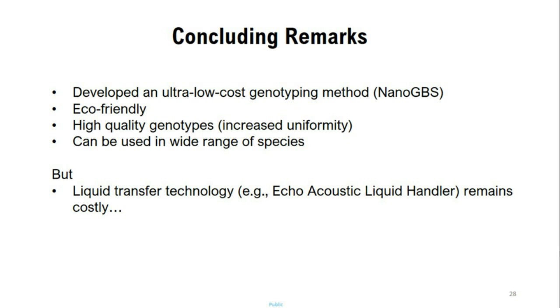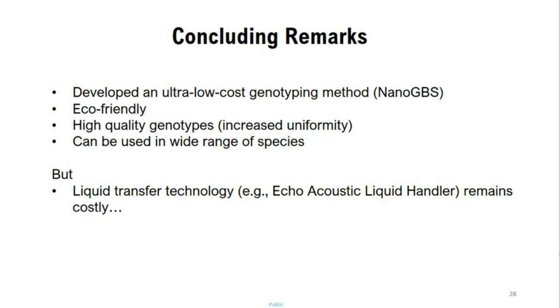But the downside is that the liquid transfer technology, the Echo machine, remains costly, and for some labs it can be very expensive to purchase such a machine. But in our case, it can return its cost in only a few years based on the savings that we can make both on time and materials.